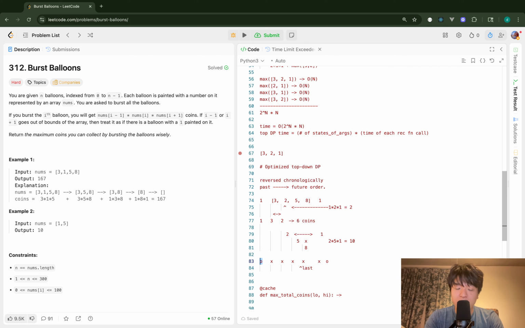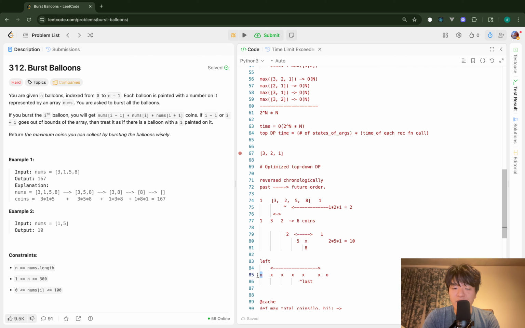So I can say this is left. Sorry. So the index I'm interested in is the index which is on the left hand side of the current range, not included in the current range, not bursted, and closest to the current range. Yeah.